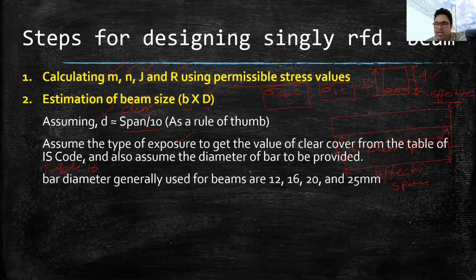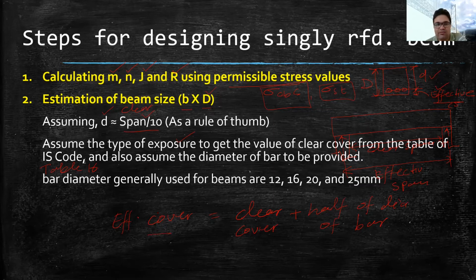Similarly, bar dia is also assumed so that we can have the effective cover value. So basically effective cover becomes clear cover plus half of the dia of bar. This is how we calculate the effective cover.